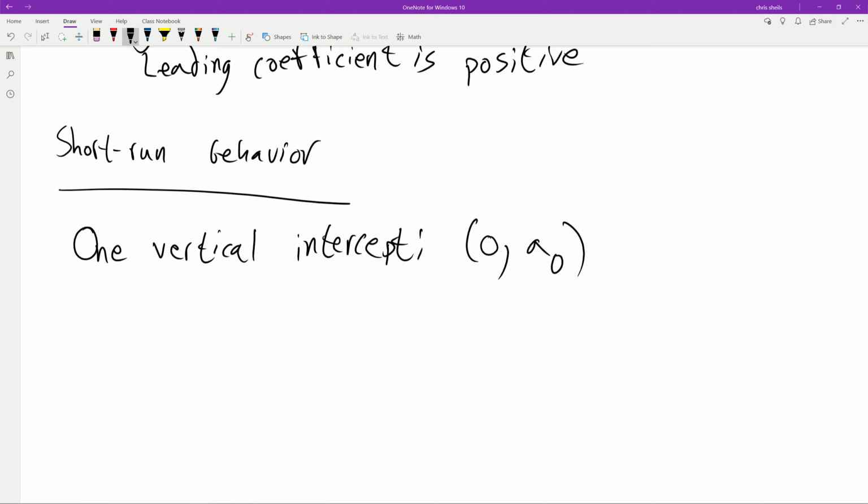The horizontal intercepts occur at input values that correspond with output values of 0.